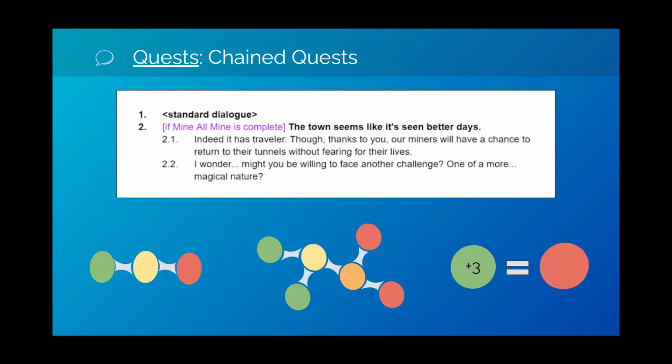Reference to the previous quest. And then, I wonder, might you be willing to face another challenge, one of a more magical nature? This leads into the next quest in the chain, and it doesn't have anything to do with the mine. This is a magical quest. This is a completely different thing. But the only reason that this NPC trusts the player to embark upon that quest is because they have already proven their worth in the first one.